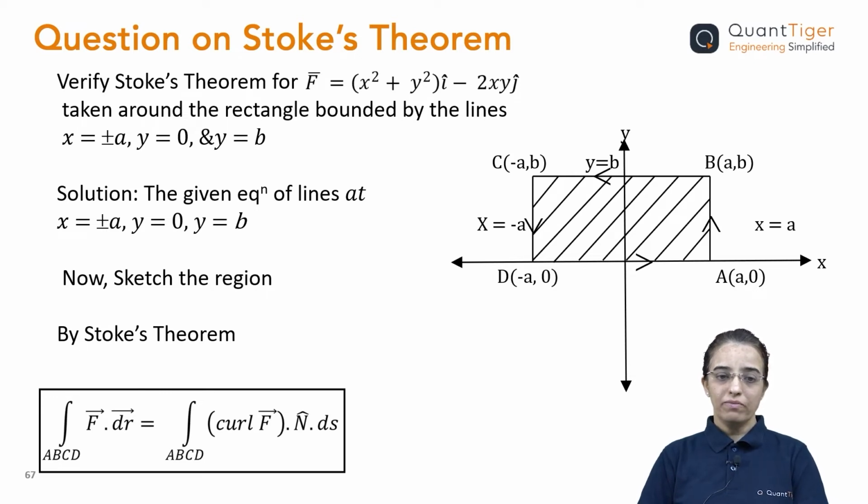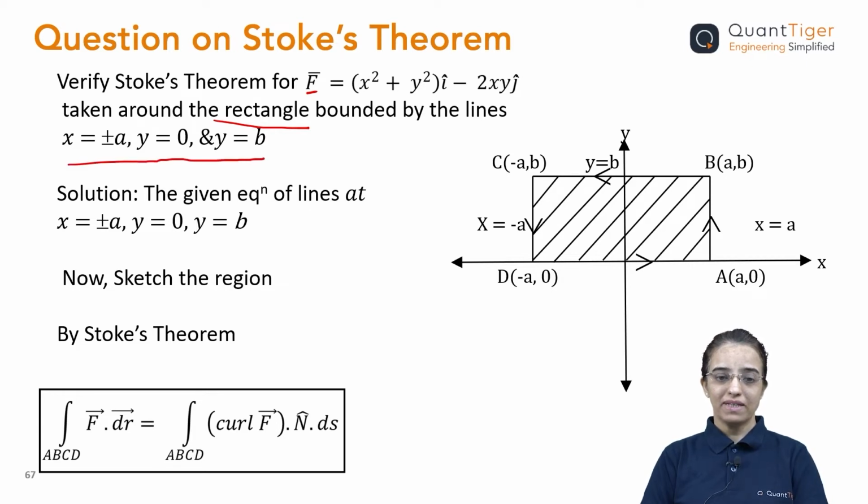So here we will be taking one question, so we will understand how to verify Stoke's theorem. The question is: verify Stoke's theorem. F vector has been given to you: (x square plus y square) i cap minus 2xy j cap, and the surface which has been given to you is a rectangle bounded by the lines x is equal to plus or minus a, y is equal to 0 and y is equal to b.